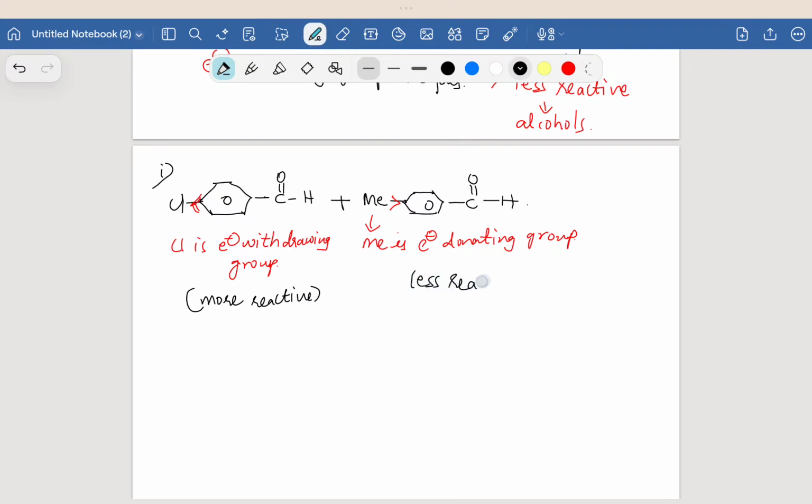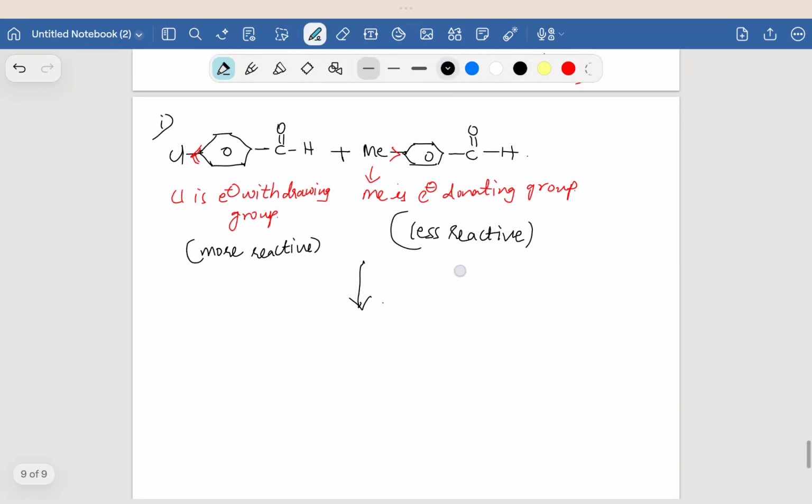So what will be the products? The aldehyde having Cl will form the acid, C double bond O minus, the salt of an acid, because Cl is more reactive, having an electron withdrawing group.